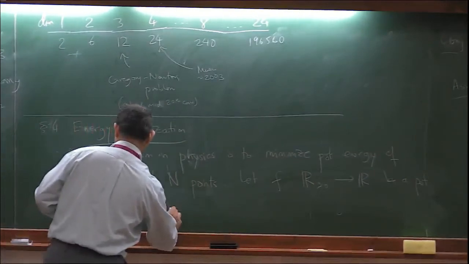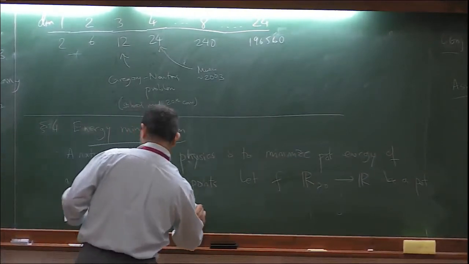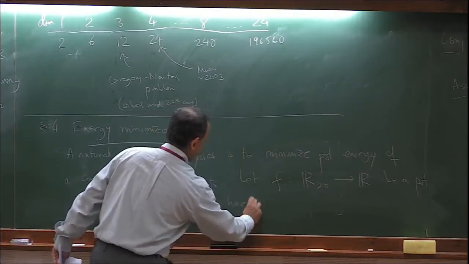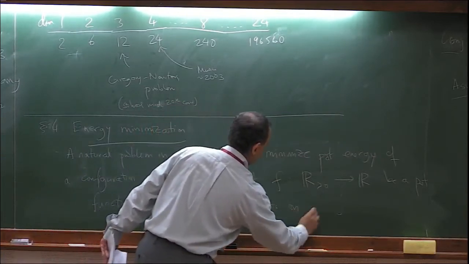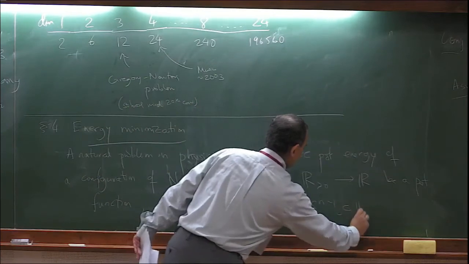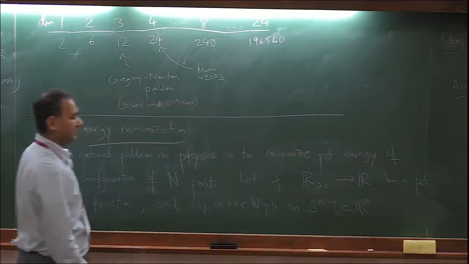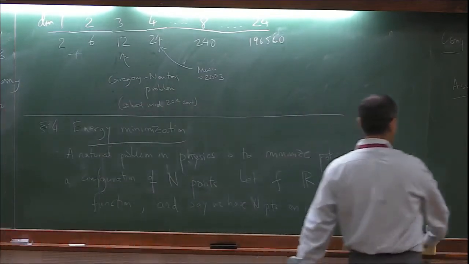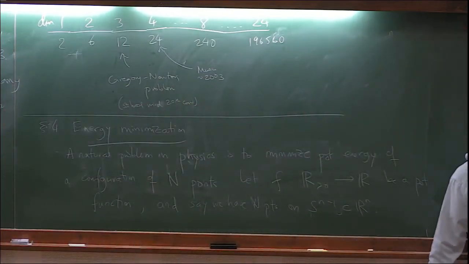Say we have N points on the unit sphere in n dimensions, small n dimensions. And you can define a potential energy with respect to this potential of that configuration.